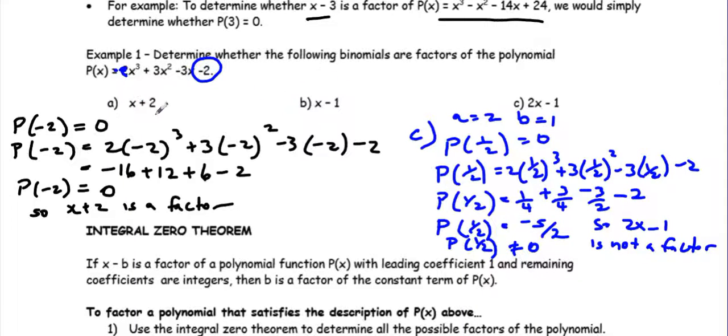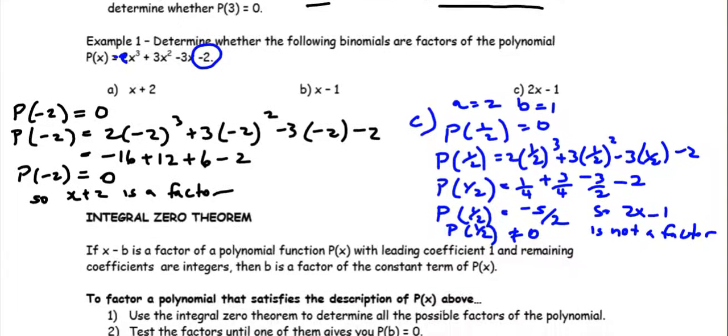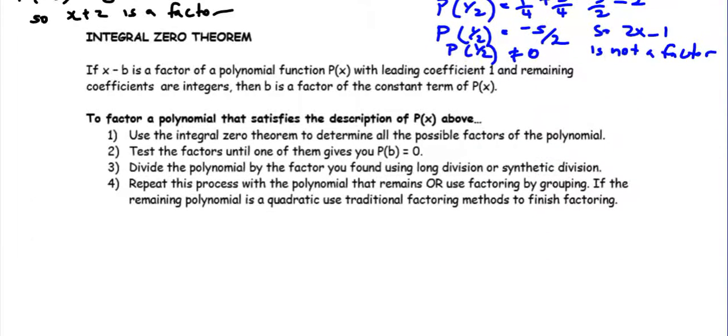I'm kind of digressing here. But let's go over it again: if you have a leading coefficient of 1 in your polynomial function, and everything else is an integer, we know that the b is a factor of your constant term of your polynomial.